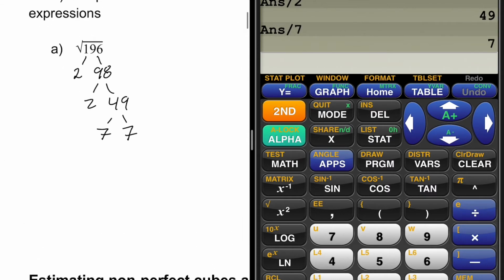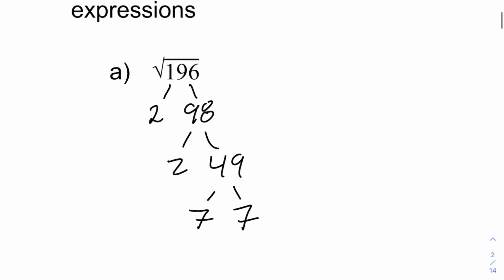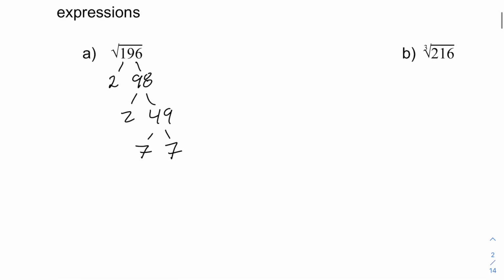Now remember, if I want to tell if something's a perfect square root, what can I do? Well, remember, this index is 2 here, and I need to group up my numbers into 2s. So here I have a group of 2 2s, and then I have a group of 2 7s.